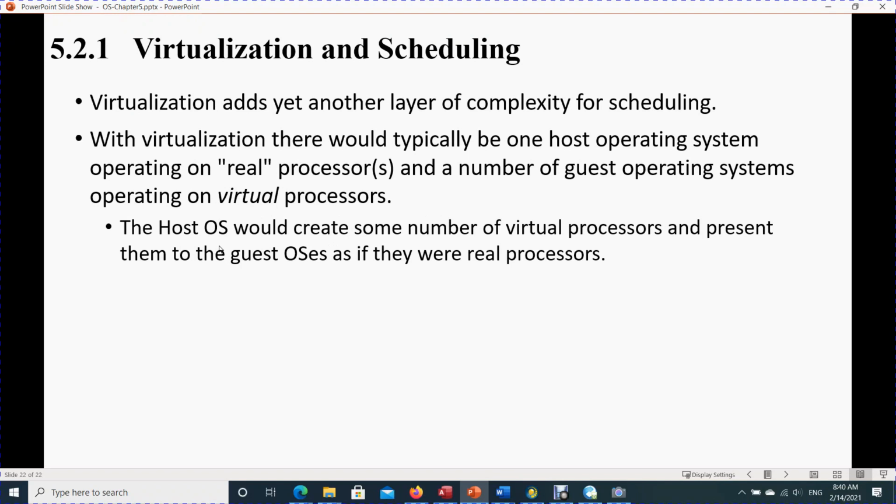The host operating system creates virtual processors and loads operating systems for them to use.